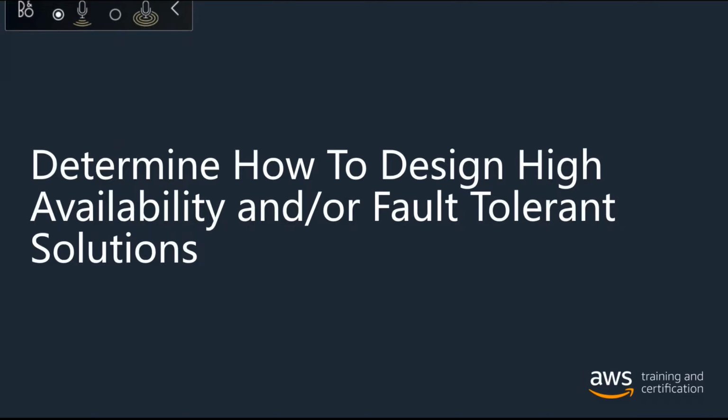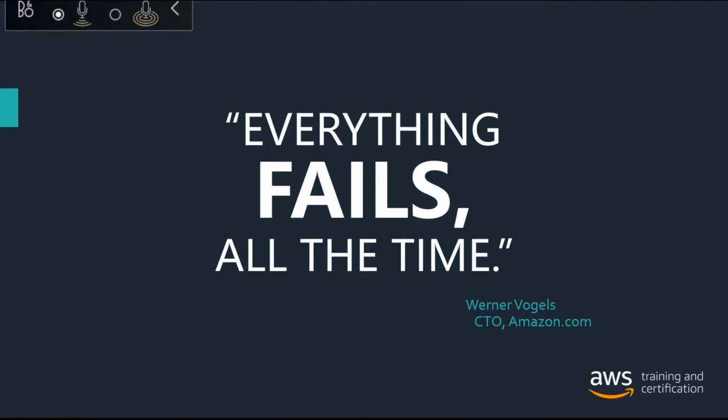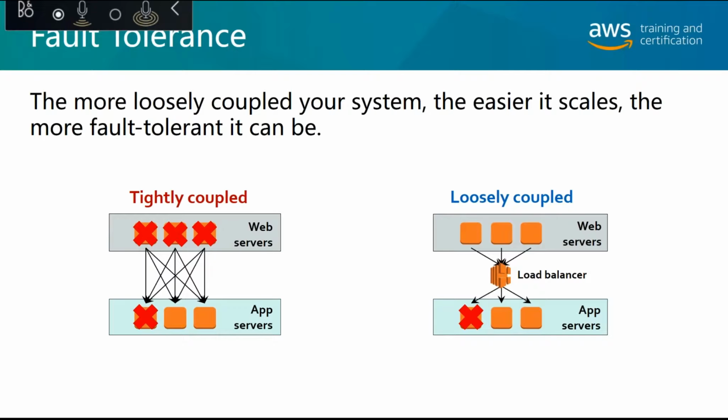So just remember, when we're talking about high availability and fault tolerance, everything fails all the time. So you always have to design with multiple AZs in mind, right? And put load balancers. So as an example here, back to my loosely coupled architecture, where I have my web servers, I have my app servers, and then in between that, I have a load balancer.